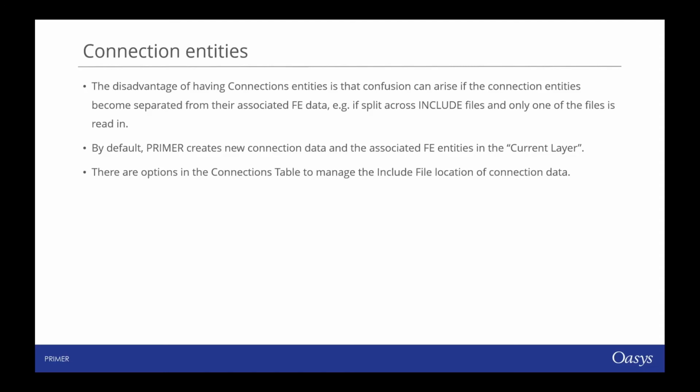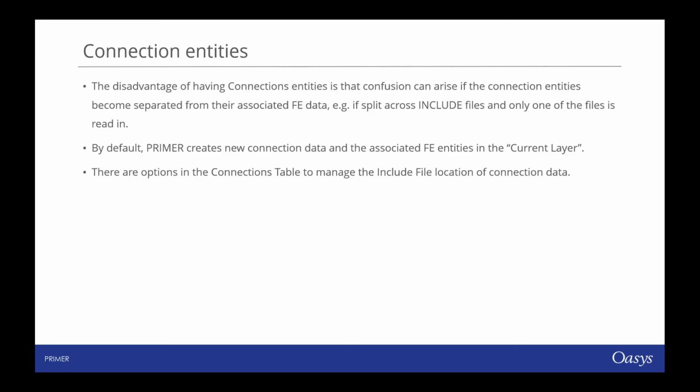The disadvantage of having connection entities is that confusion could arise if, for example, the connection entities become separated from their associated FE. So if, for example, it's split across include files and only one of the include files was read in, it may be that the actual solid spot weld is in one include, but the connection entity information is stored in another.